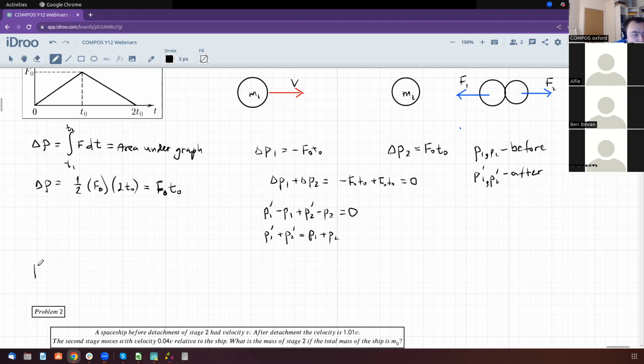So for the first object, P1 dash minus P1 is equal to minus F0 T0.